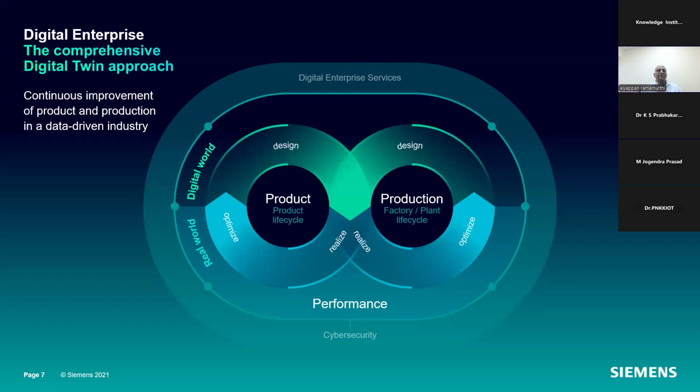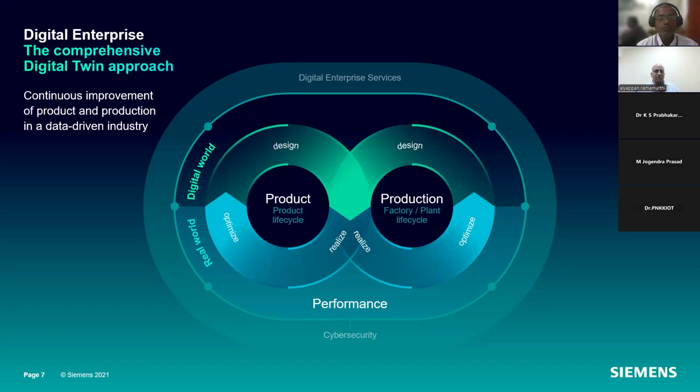And third is the optimize. And here you have the physical job already there. It could be your machines which you have designed and commissioned, and the machines start producing whatever it is supposed to work. It may be the car, it may be the heavy machinery that you have done. Now, how do you bring back all these data and ensure that the design you are able to optimize it?